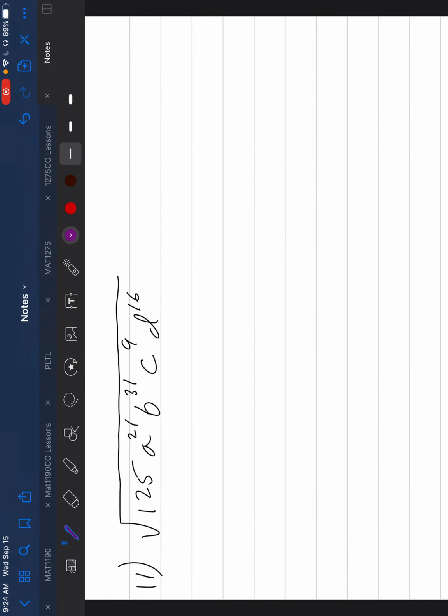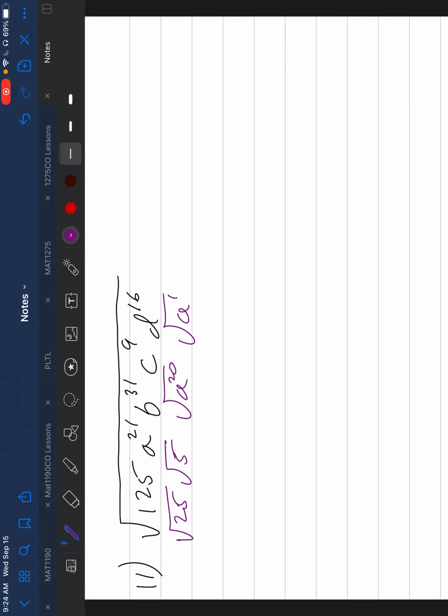Let's do this in purple just because we have the square root of 125. So what multiplies to 125? That's going to be 25 times 5. We're going to have a to the 21st, which means we're going to have two a's. One of them is going to be 1 as always.